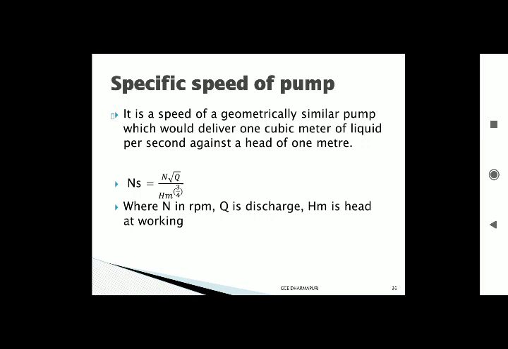First you concentrate on that unit, then second on pumps and turbines, then on the first unit, fluid properties and statics, then on kinematics and dynamics. That will be a good order for preparing for examination.